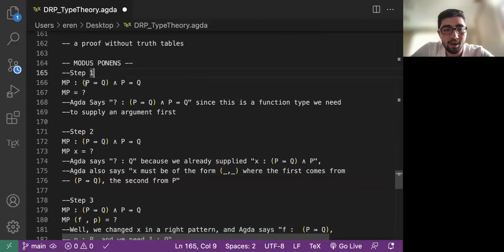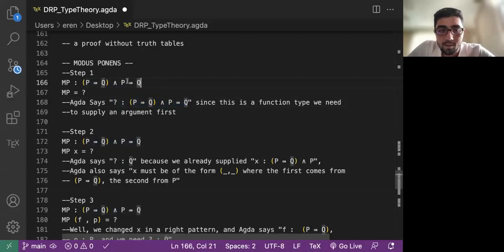So first, I write my proposition as a type, and I am looking for a term of it. Let's call it MP. I write a question mark here. Since Agda is a proof assistant, it should help me to prove this. It says that the question mark must be a term of this type, which I already know.